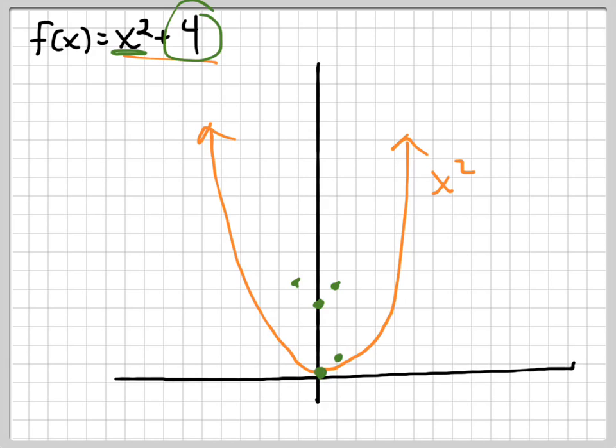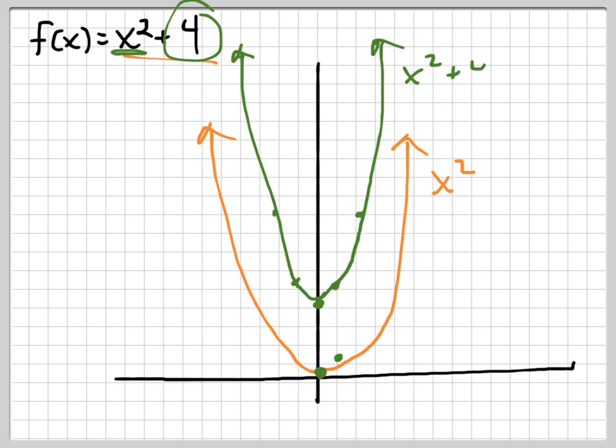For instance, at 2, on the graph here, sorry, it's not drawn to scale, but you know, you can hang. We had 2, 4 as a point on the parent function. Well, add 4 to the y value, 2, 8, somewhere up here is going to be on my new function. So this is what we call a vertical shift, in this case up 4 units. So this is my x squared plus 4.